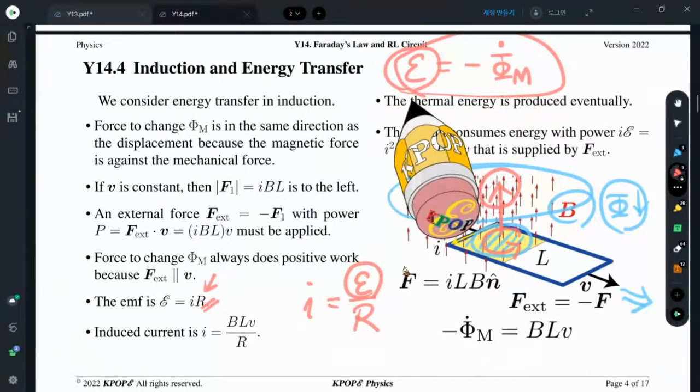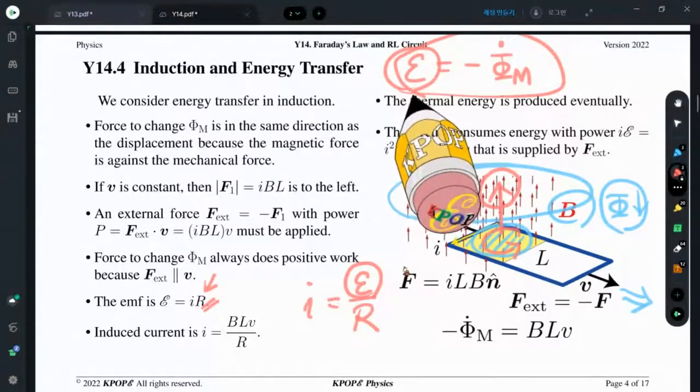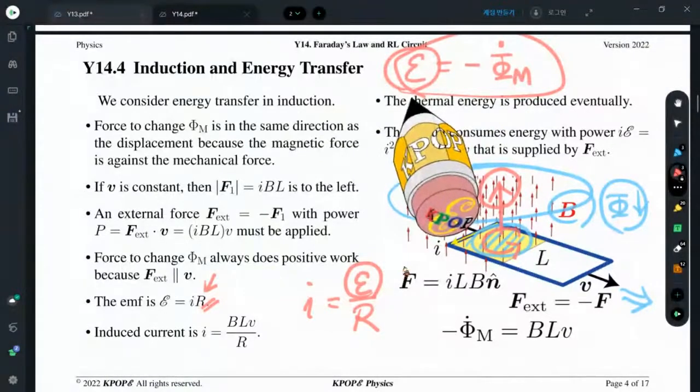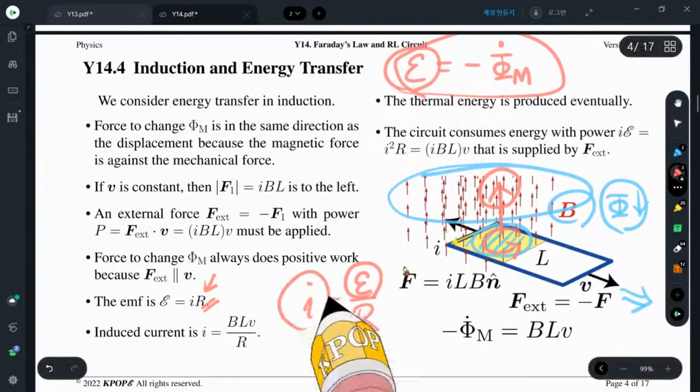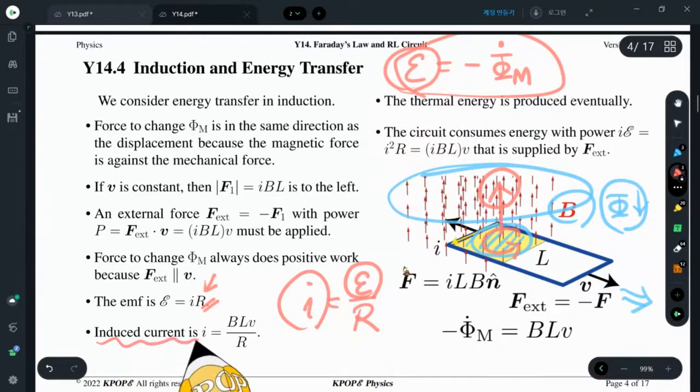This is not an electrostatic potential. This is due to the changing magnetic field, so it is an induced electric potential, and that creates the current. And the induced current satisfies this relation.